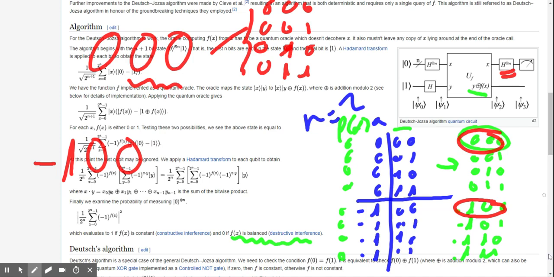So that falls back into 0, 0, minus 1, 0, right? But I'm still measuring a 0 here, and that's not what this is saying.